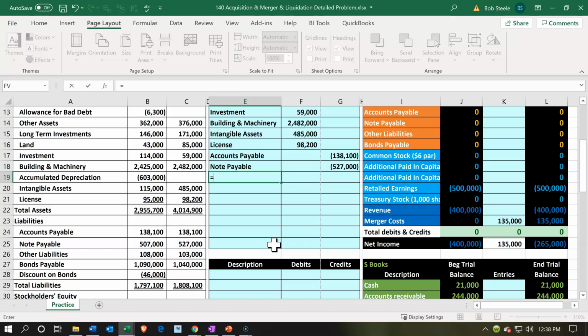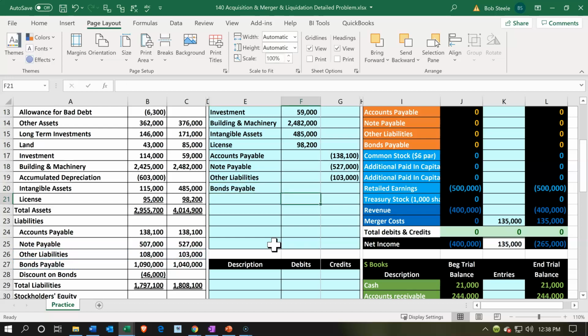And then, all right, we have the other liabilities, which we're picking up. So other liabilities, it's going to be a credit of the 103. Then we have the bonds payable, which we're going to pick up at the fair value here of the 1040. So there we have it.